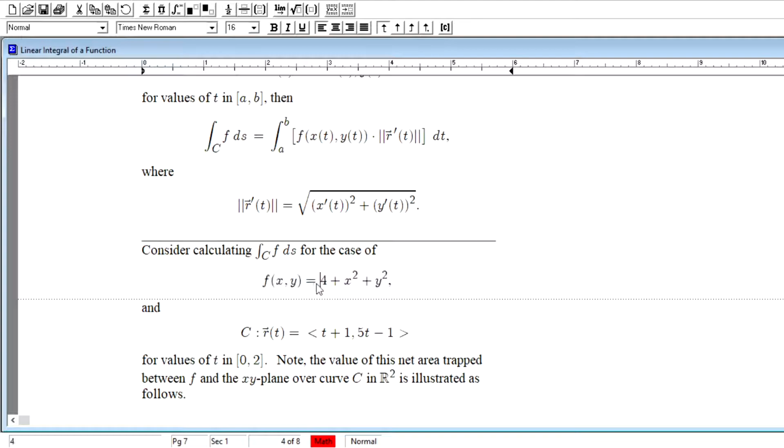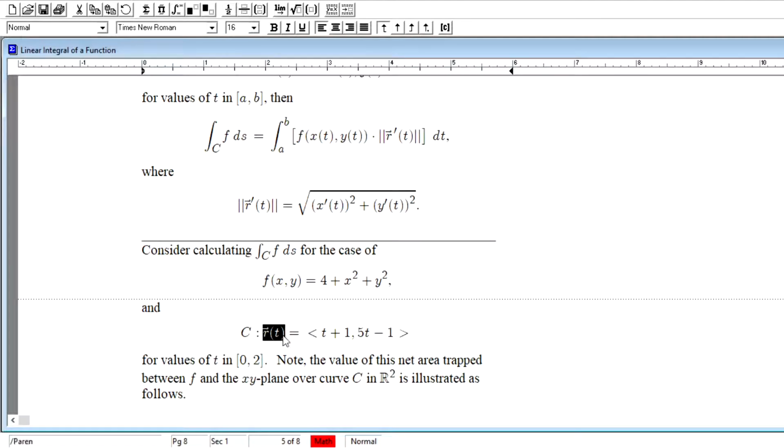Now you will notice this surface is a circular paraboloid. This is a circular paraboloid, and we're going to calculate its linear integral over curve c with respect to the arc length of c, where c is defined by this position in two-dimensional space.